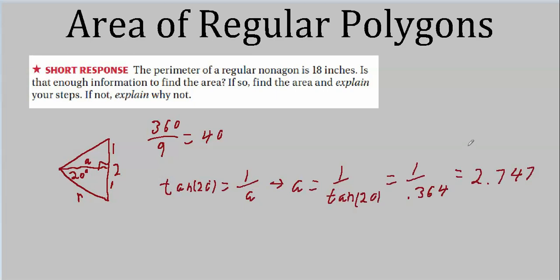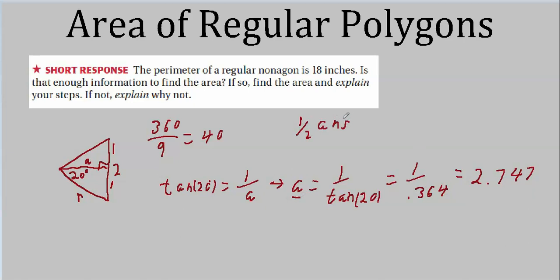Well, we've got tangent of 20 degrees is 0.364. If that's inverted, 1 over 0.364 is 2.747. So this is A. Now we have that formula that goes 1/2 A times NS, the number of sides, times the side length.